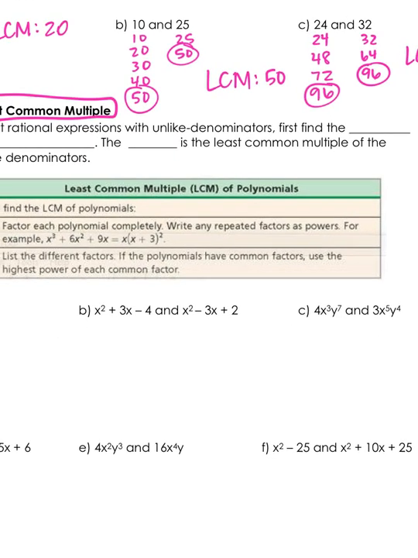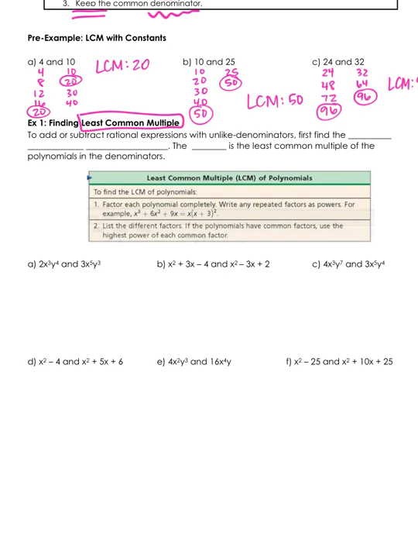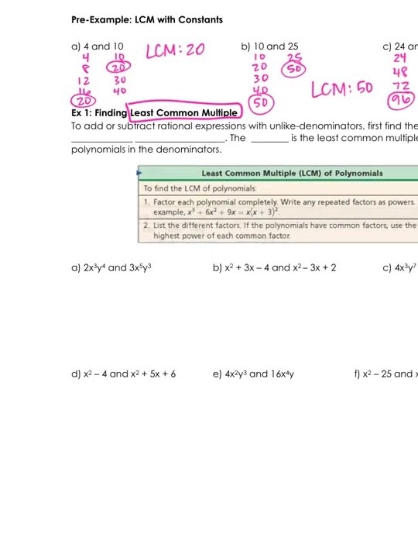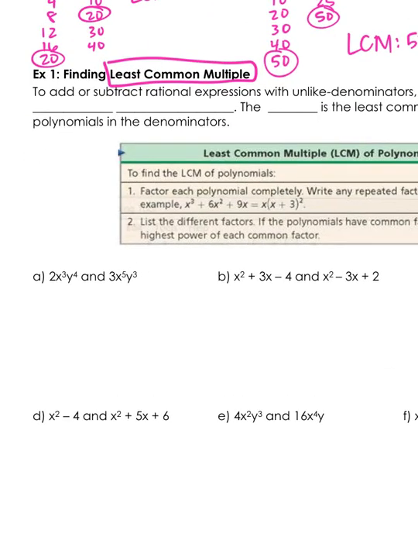Okay, so when we're finding those, the least common multiple is what we are looking for, what we're using. Instead of calling it our least common multiple, since we're using it as our denominator, we're going to call it our least common denominator, or the LCD.